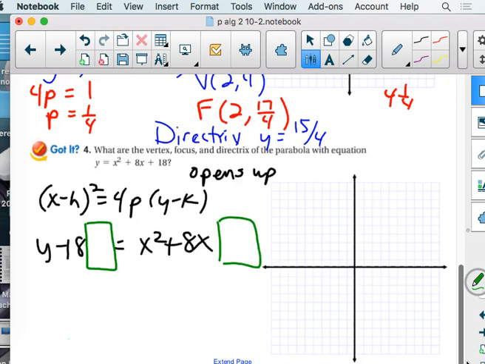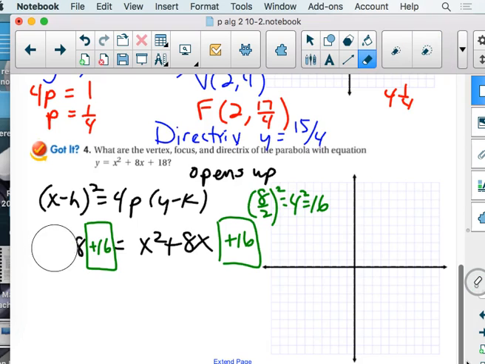Find me the number that will make that happen. 16, everybody? 8 divided by 2 squared is 4 squared, which is 16. And what we do on one side, we have to do the other. Oops, that was a line. Minus 18. I got carried away with my minus.